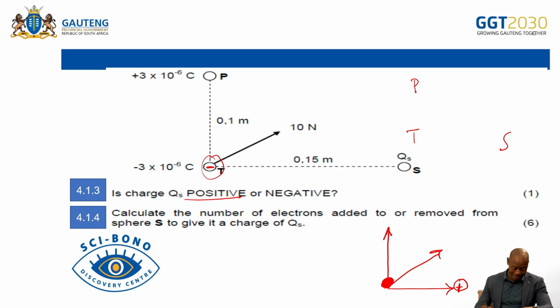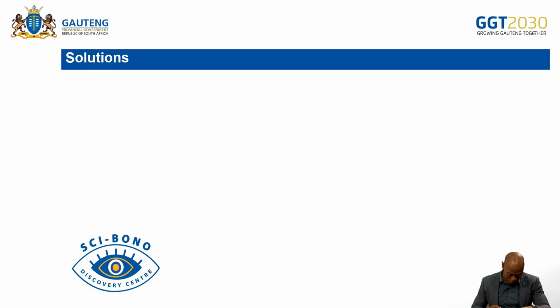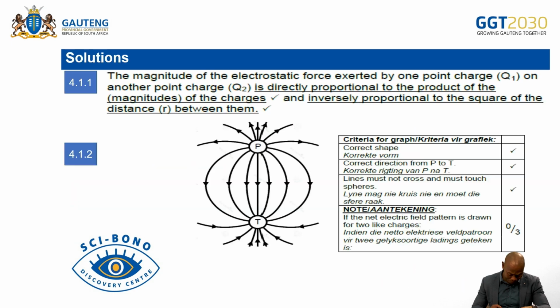Okay. Then calculate the number of electrons added or removed from sphere S to give it a charge of QS, ne? So here they are looking for the number of electrons added or removed from sphere S to give it a charge of QS.